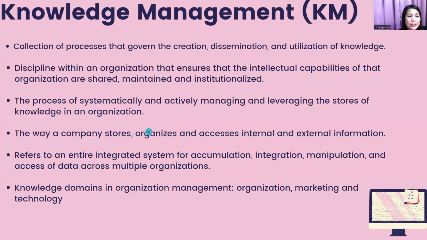The process of systematically and actively managing and leveraging the stores of knowledge in an organization is knowledge management. It's the way a company stores, organizes, and accesses internal and external information. It refers to the entire integrated system for accumulation, integration, manipulation, and access of data across multiple organizations. The knowledge domains in organization are management, marketing, and technology.